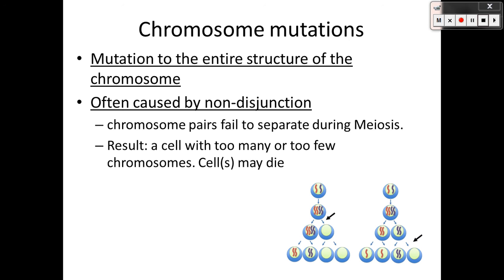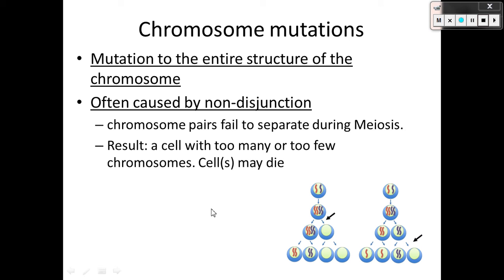So half of the chromosomes go to one pole and half of the chromosomes go to another pole. But did you ever wonder, what if one of them didn't go where it was supposed to go? Maybe it was supposed to go to the right, but it accidentally went to the left. So what happens then? Well, we say what happened is a non-disjunction.